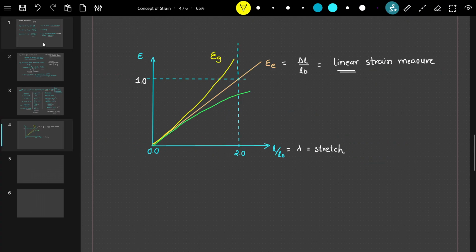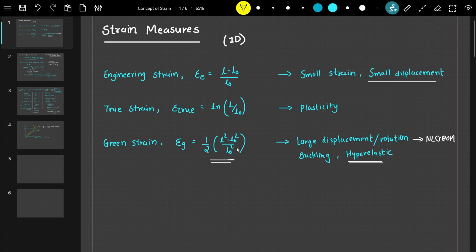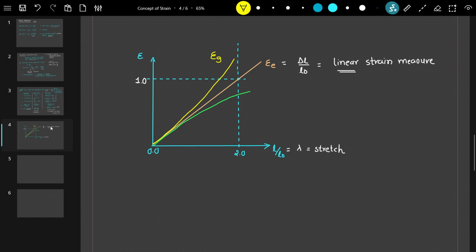If we plot that, it can be seen that it is a non-linear strain measure, and we get something like this. For small strain problems, both are almost the same. If we take small strain in this range, the linear strain measure and this Green strain measure, which is non-linear, both give almost the same values of strain. But as the strain increases, this one reports higher values.